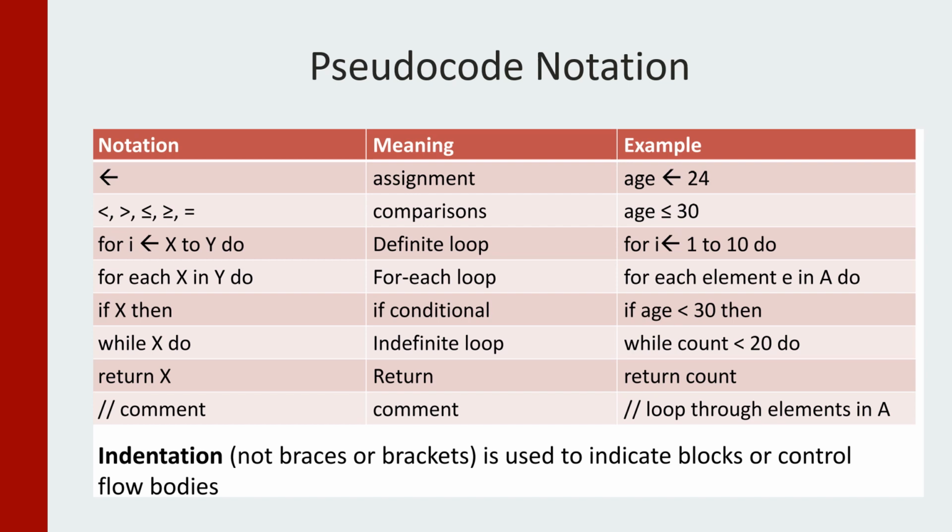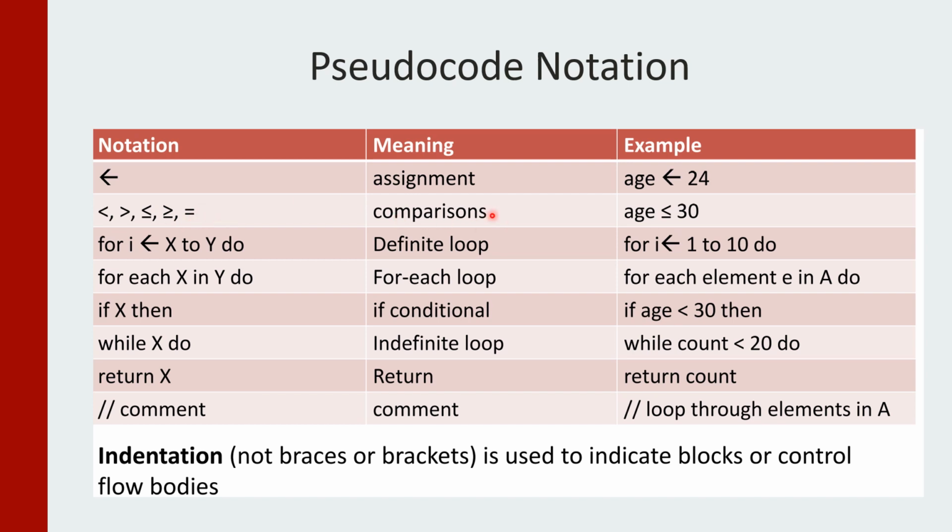Some of the notation that you can use that kind of looks like programming notation is in this table here. So for assignment, I have this left arrow, which means when you have a variable, you can set it equal to a value. For example, age is going to be set to 24. I have all my normal math operators of greater than and less than or equal to and equal to.